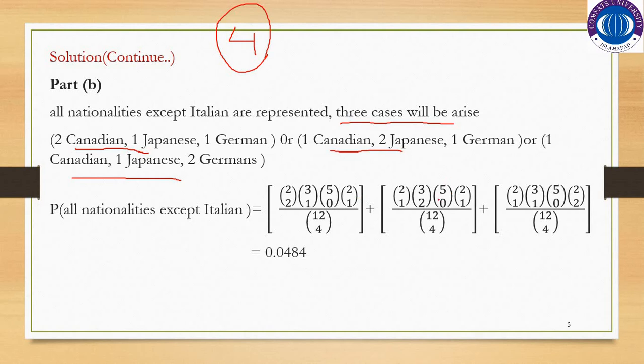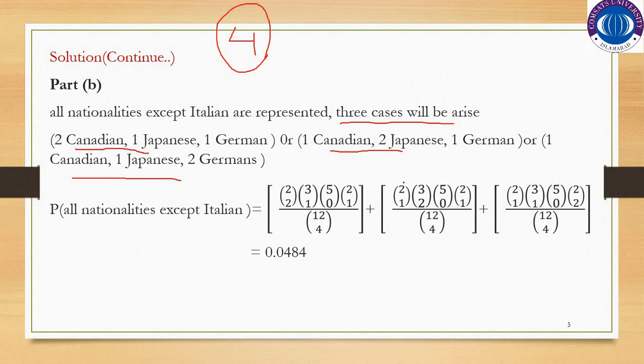And here you can see 5C0 is representing that you are not selecting any Italian in the committee. So here you are selecting 2 persons from Canadian, 1 from Japanese, and 0 from Italy, and 1 from German people.